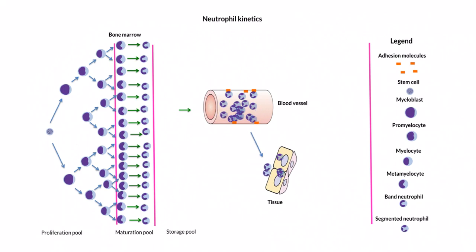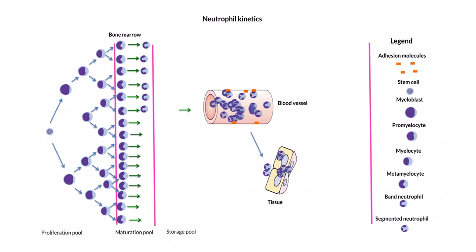Once that storage pool is exhausted, then bands start to be released if the inflammatory cytokines are still calling for more neutrophils to do their job and fight this inflammation. Okay, so we're getting some that are going.